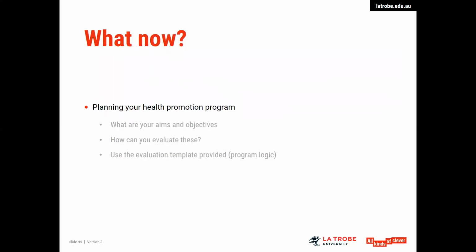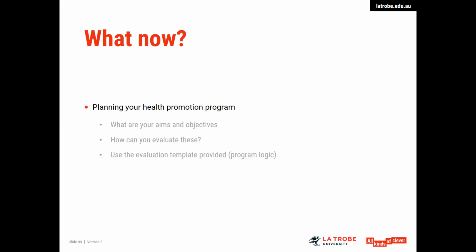In terms of what now, at this point of the semester you should hopefully be well underway planning your health promotion programs. You may or may not be up to planning your evaluation, but what you should be doing is revisiting your aims and objectives. How can you evaluate these? What are the key questions you want to answer in relation to those?